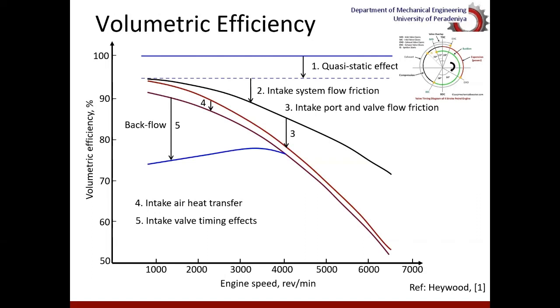But at high speed conditions, due to ram effects, the volumetric efficiency would be increased. So the valve timing would have a positive effect at high speeds and a negative effect at low speeds. Then comes the choking at high speeds at different positions, at the valves as well as at the throttle in spark ignition engines, so there can be a further drop of volumetric efficiency.